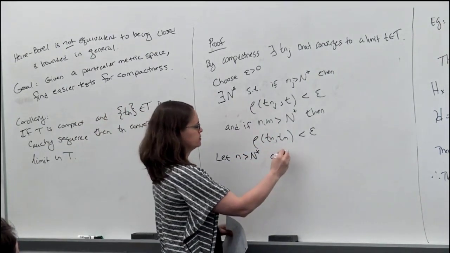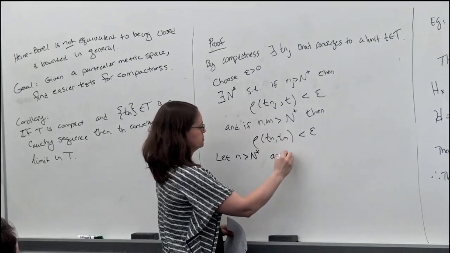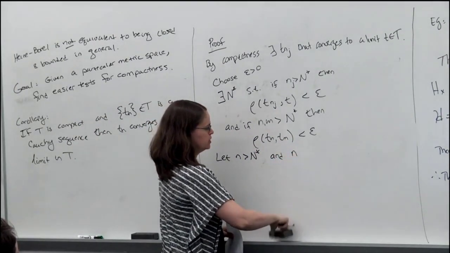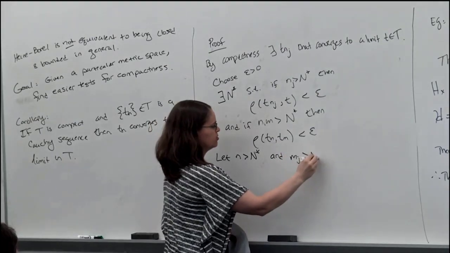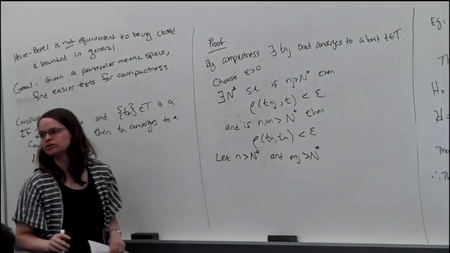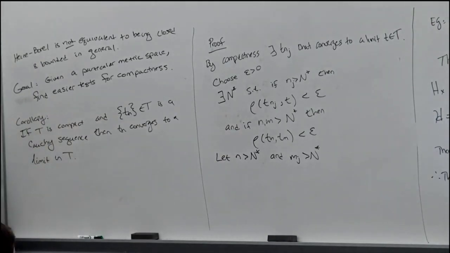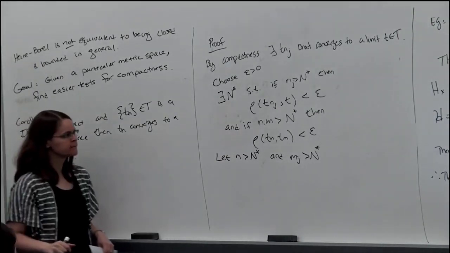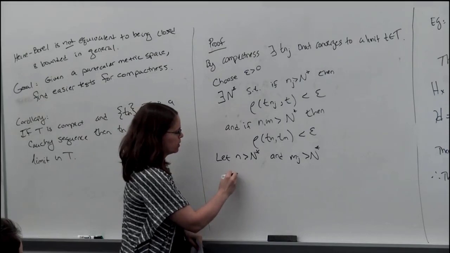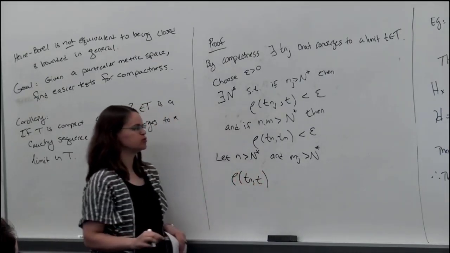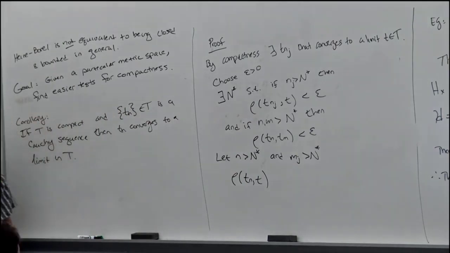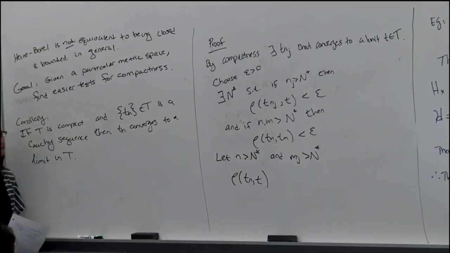So let's call it m sub j, be bigger than n star. That's the guy I'm going to compare it to. And what I want is to show that the distance between Tn and T is small, so that general points in my original sequence converge.